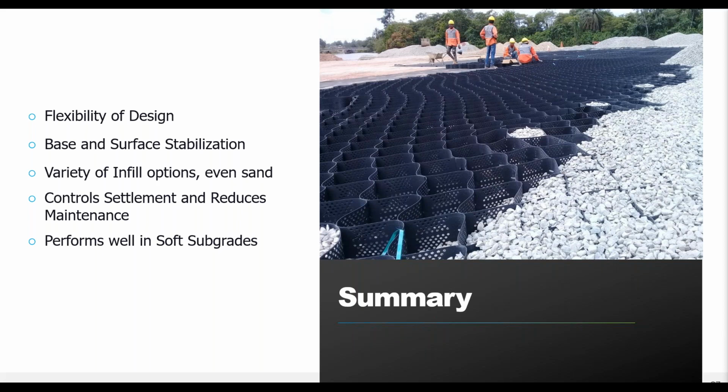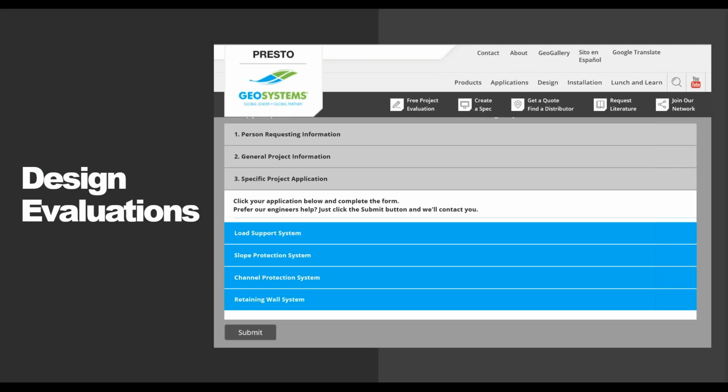And we do offer complete system solutions for roadways, parking lots, intermodal yards, and other load-bearing applications for your specific project details and conditions. And part of our complete solution is our technical assistance. So we provide free project design evaluations. The form is on our website at prestogeo.com. You fill it in with as much information as you have.